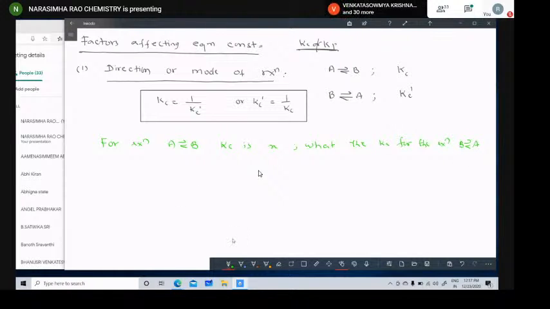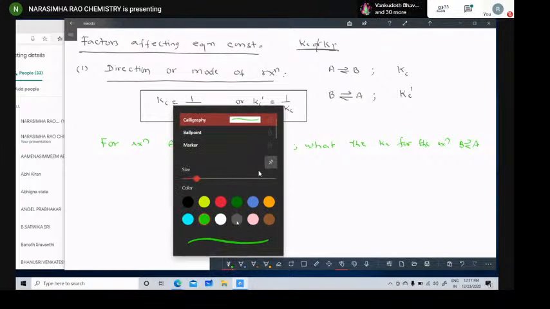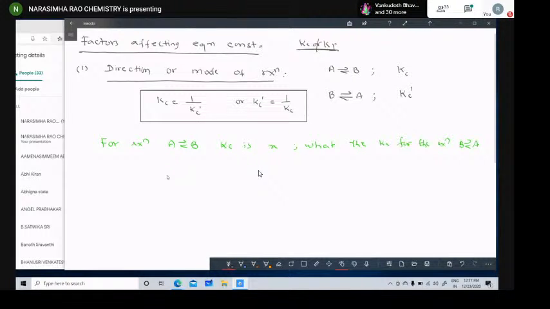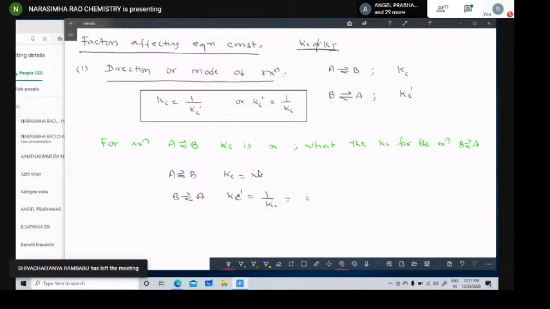X power minus 1, sir. X power minus 1, nothing but 1 by X. A is in equilibrium with B, Kc is equal to X. Then B is in equilibrium with A, Kc dash is equal to 1 by Kc, which means 1 by X or X power minus 1. It's clear, children?